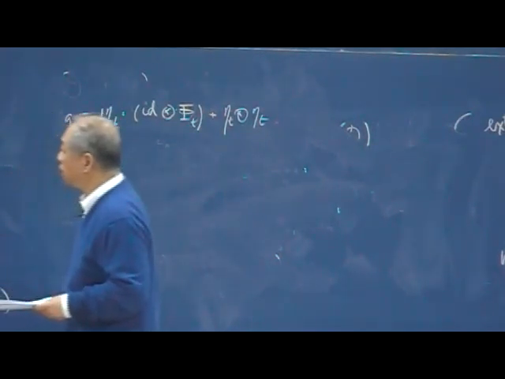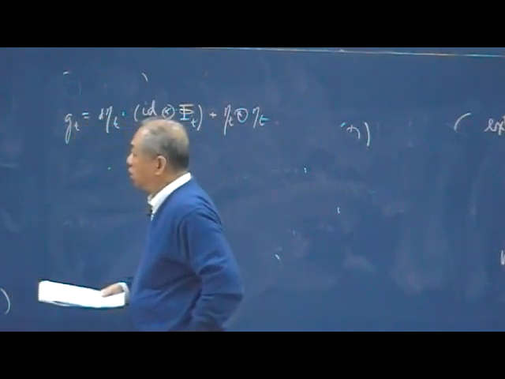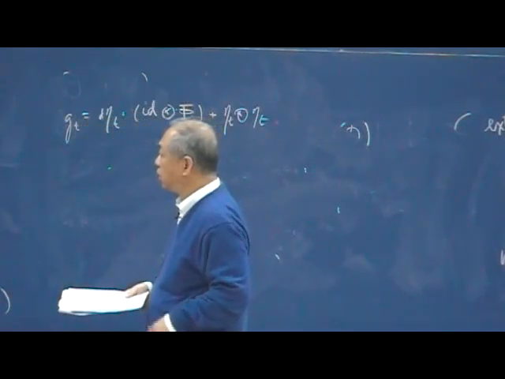So this is a condition that we want to impose always on the deformation of the structure. Okay. So these are called basic forms.